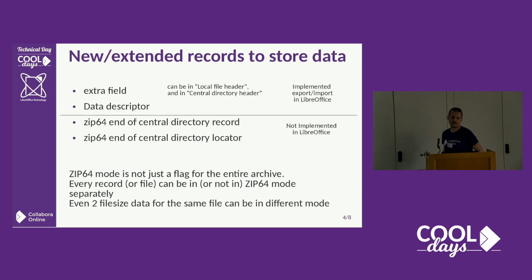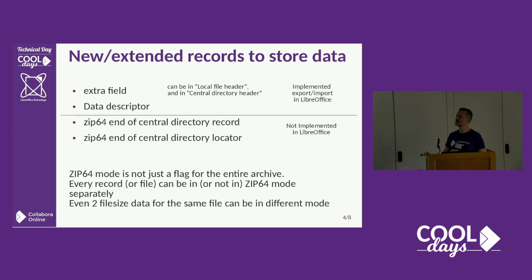And what are the data structures this extension is saved into? There is the extra field that is used in many places. It can be in the local file header or in the central directory header. And every file can have one or two of them.